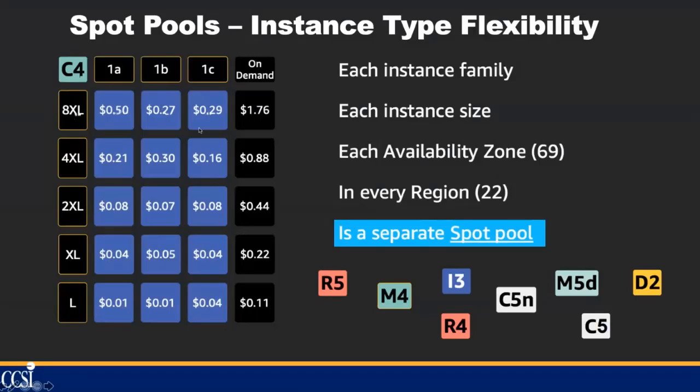You can see the difference in price, so you can choose which one has the cheapest price at that time. If you needed 2, you would presumably take 1B and 1C. You can also look at the difference based on the on-demand price. So each instance family, each instance size, each availability zone, each region is a separate pool.